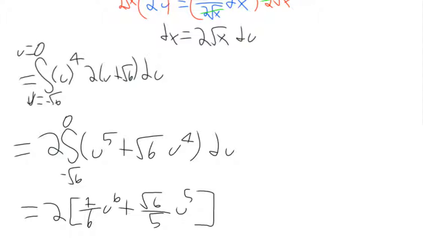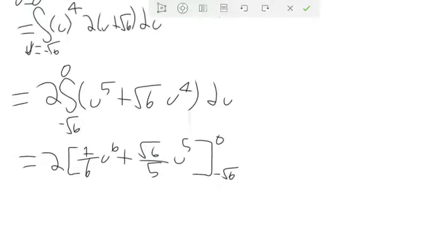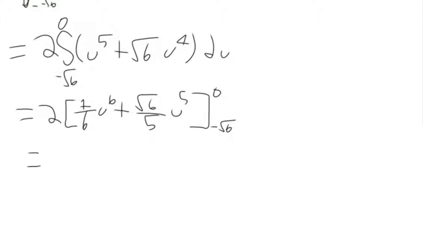And here we can plug in negative square root of 6 to 0. So when we do that, 2, we'll plug in 0, and both terms give us a 0 when we do that, so I won't even put that down. But then we have to make sure we subtract what happens when we plug in this one. And let me do this in a different color so we remember that we're subtracting this whole thing right here.